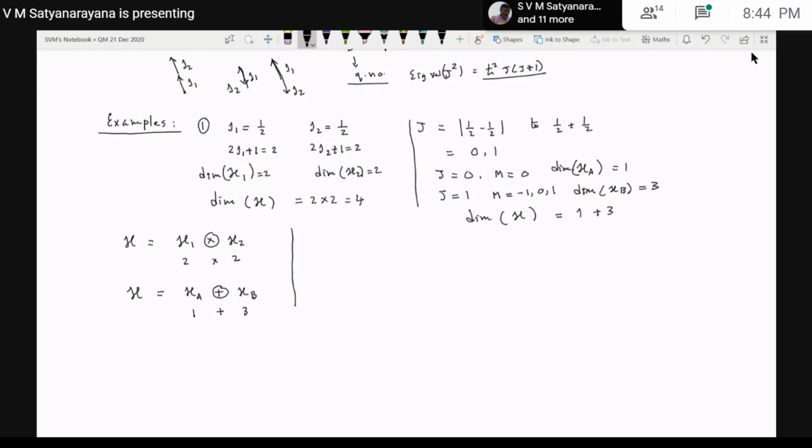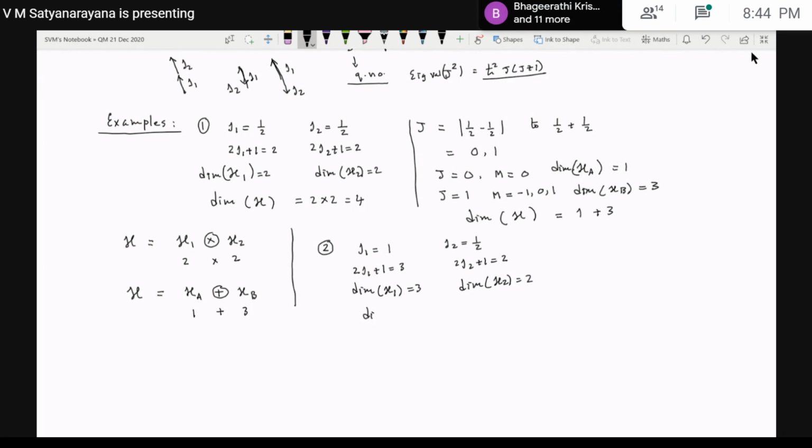Now let's look at another example. So second example, let's say that we have j1 equal to 1 and j2 equal to half. One is integral, one is half integral. Now what happens to 2j1 plus 1? This becomes 3, correct? And 2j2 plus 1 is 2. So the dimension of Hilbert space 1 is 3, and the dimension of Hilbert space 2 is 2.